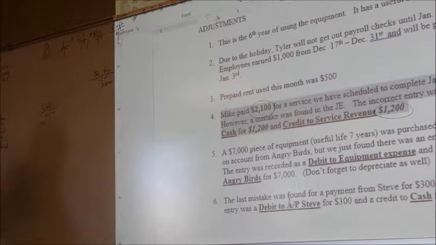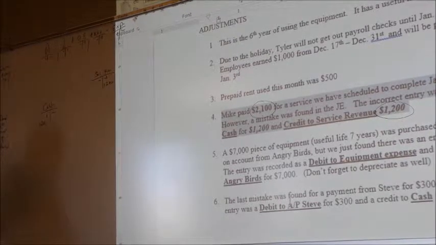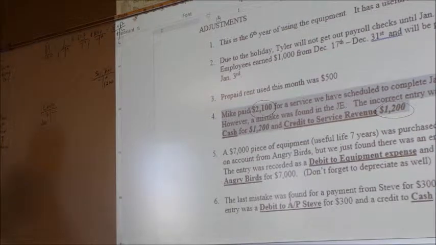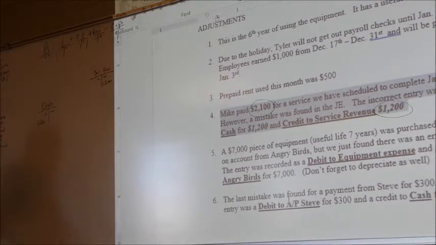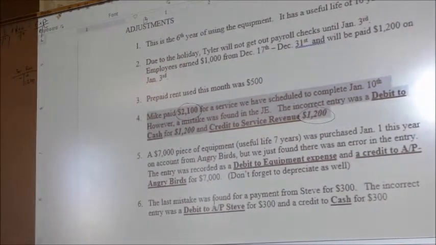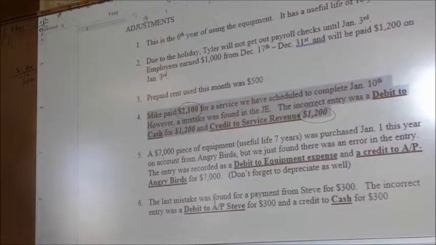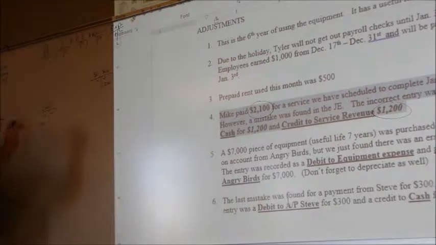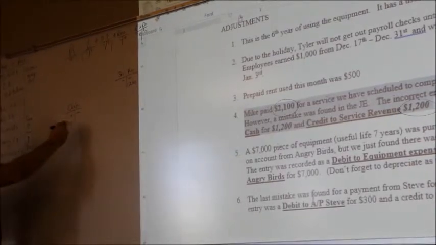Then I would want to put what really happened. What do I have to do to make that happen? Mike paid $2,100 for a service that we have scheduled to complete on the 10th. Mike paid $2,100 cash, so this is one of the two ways you can do this.